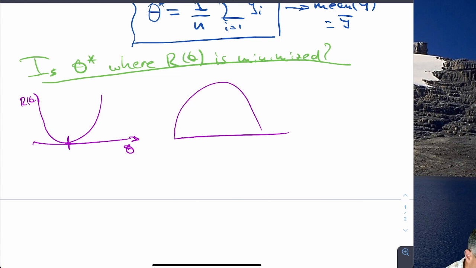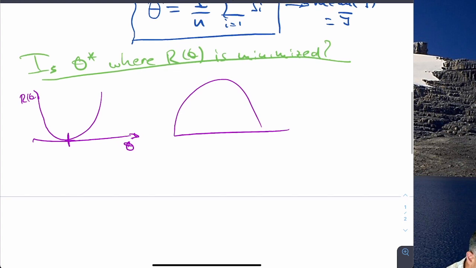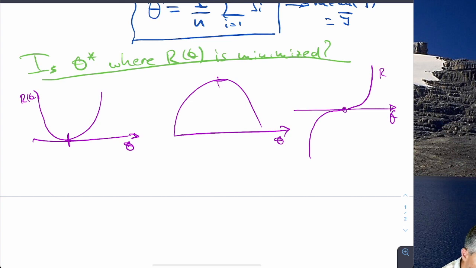And it's also 0 if r looks like this, and it's also 0 if r looks like this. All these three cases have 0 derivatives. This is a minimum, which we're looking for. This is a maximum. And this is a saddle point.